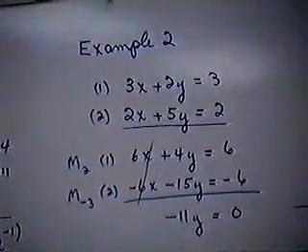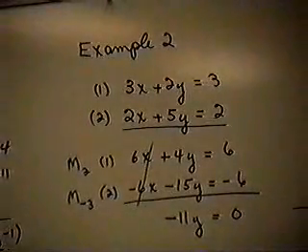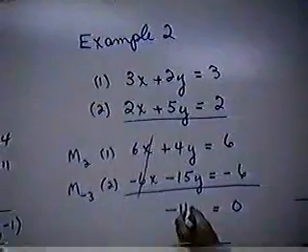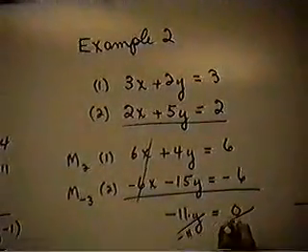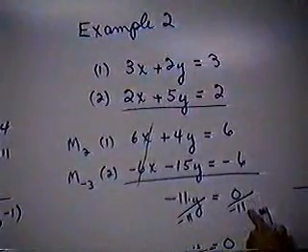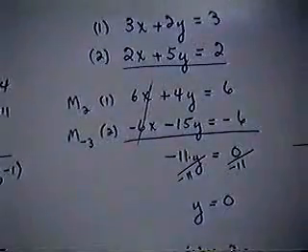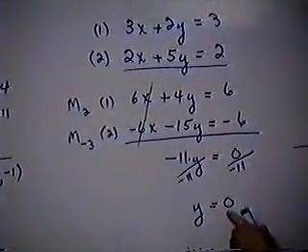Now please be careful in your work. Quit looking at that and saying, oh, I already know the answer, or whatever. How do I move this across to the other side? It's connected by multiplication, therefore I divide. Dividing 0 by minus 11 is 0. Okay, so y is equal to 0.